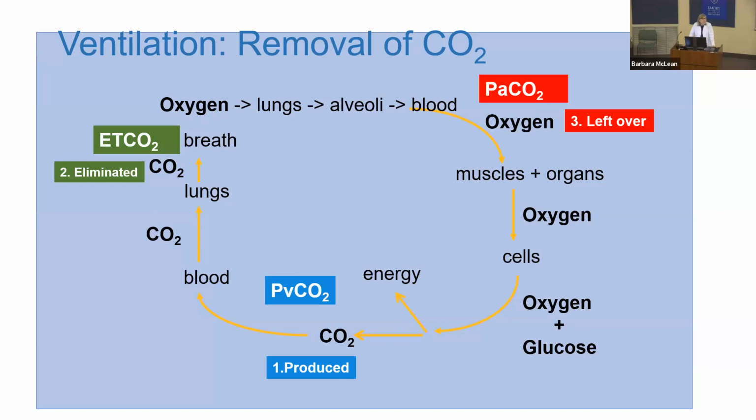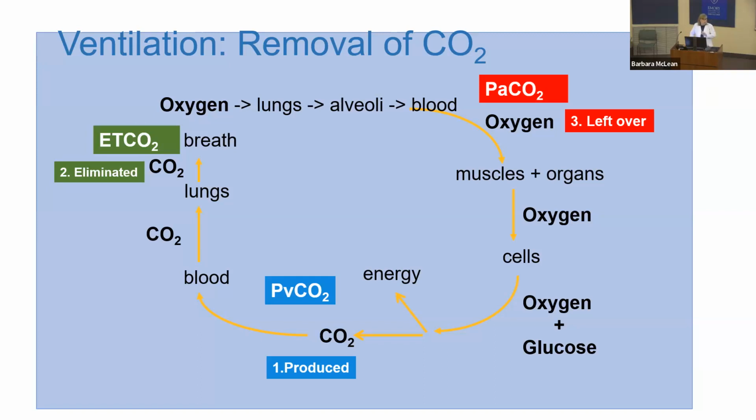If your venous CO2 is 60, is that normal or high? Okay, your arterial CO2 is 30. You're eliminating a lot, but why are you eliminating a lot? Because you produced too much.